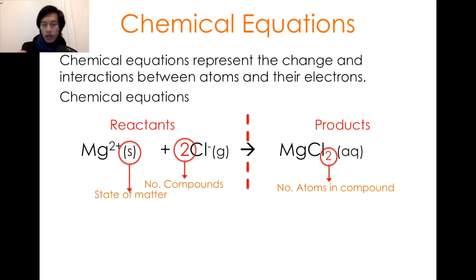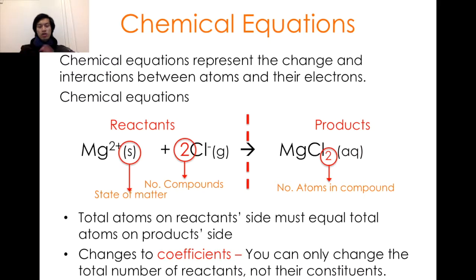Now when it comes to balancing equations, there are two rules that you need to make sure you maintain, because those two rules will determine how you go about your reaction. The total number of atoms on the reactant side must equal the total number of atoms on the product side. What that means is that you cannot create new atoms in your equation, and you cannot destroy any old atoms.